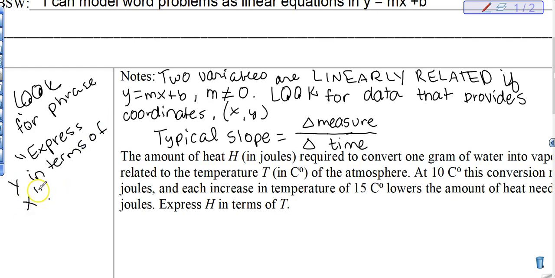And we need to know what that means. Y in terms of x looks like this. Y equals everything that's happening to the x.